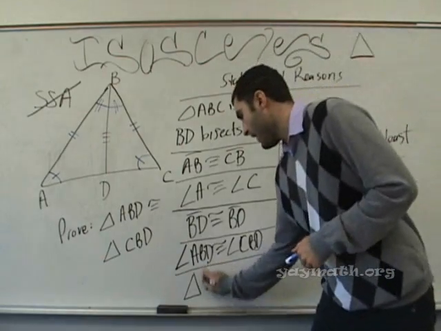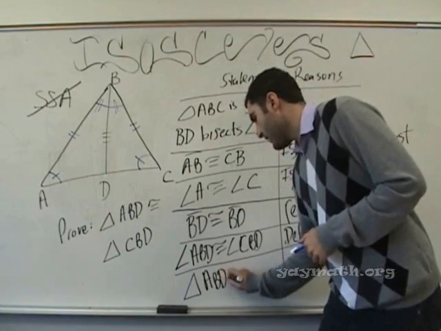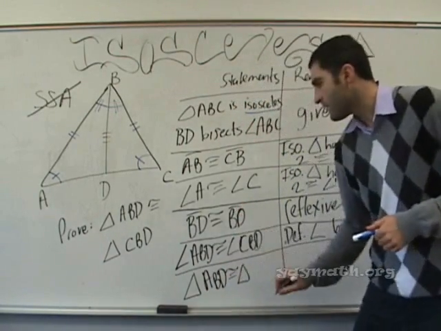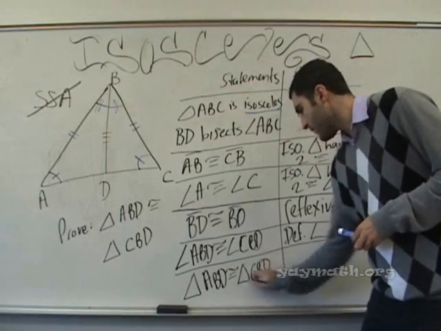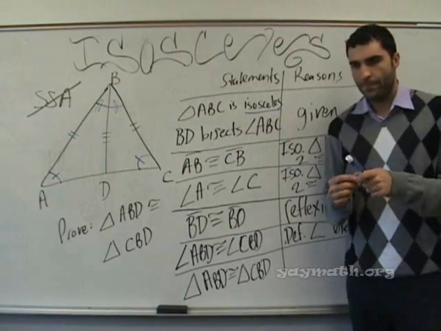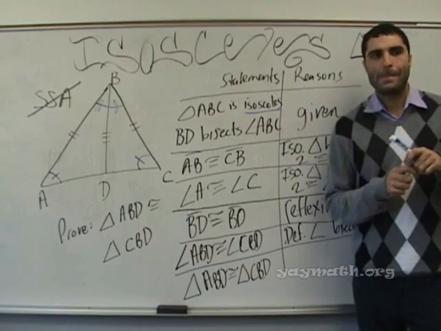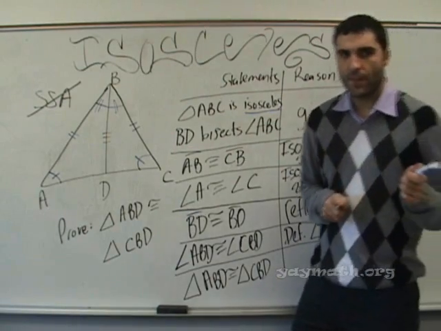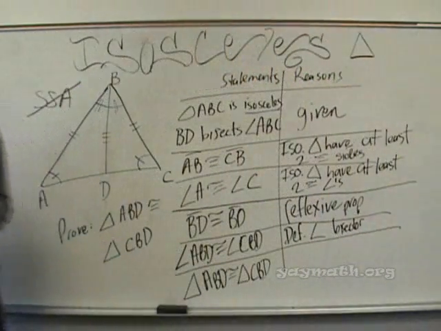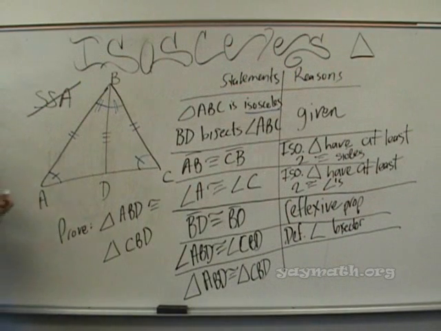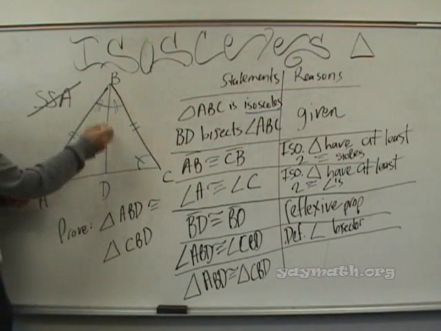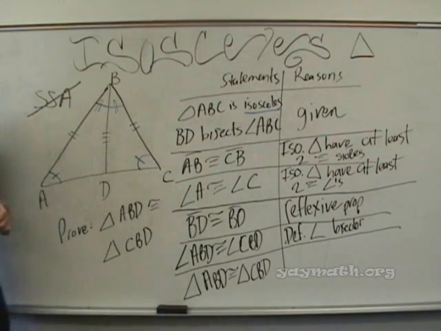So let's go ahead and say it. Triangle ABD is congruent to triangle CBD by... Let me think. Yes, please. SAS. So you're saying SAS? Okay.